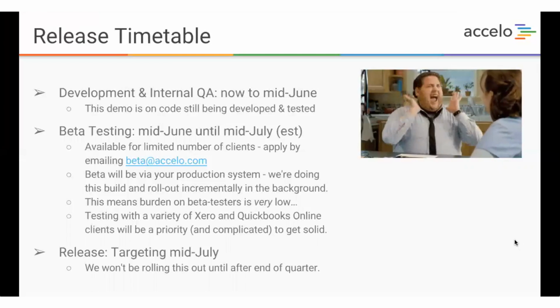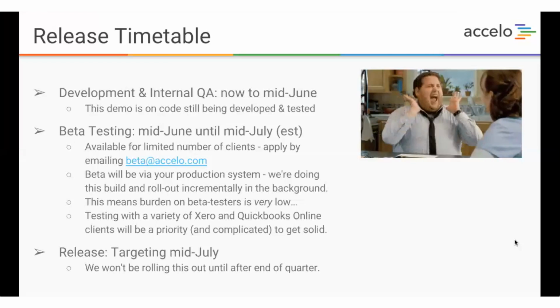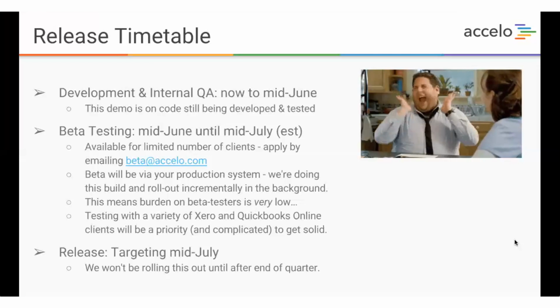If you're interested in being part of the beta, please email beta@excello.com. The beta itself will actually be via your production system. So you won't have to have a separate sandbox that you have to enter test data and mess around with manually. That was the case with the invoicing module.